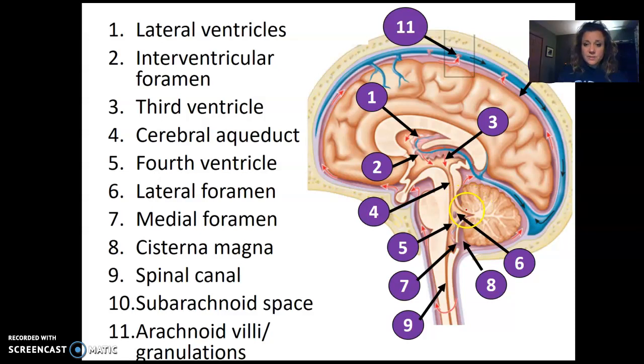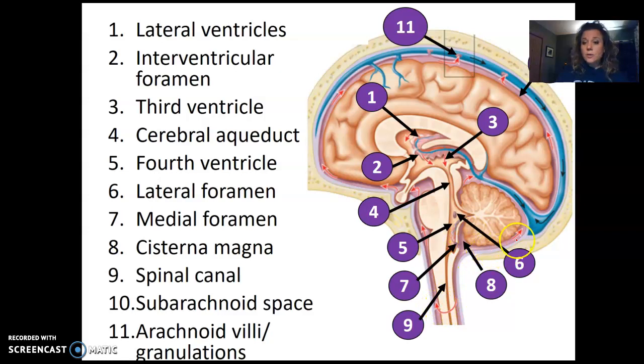So that's number 6. Number 7 is showing us a really good picture of what the medial foramen would look like. And so here some cerebral spinal fluid would exit out the lateral aperture. Some of it will continue on down the canal to number 7, the medial aperture, and it'll exit here, and it could go down on the outside of the spinal cord, and that's what this little arrow is showing us here.